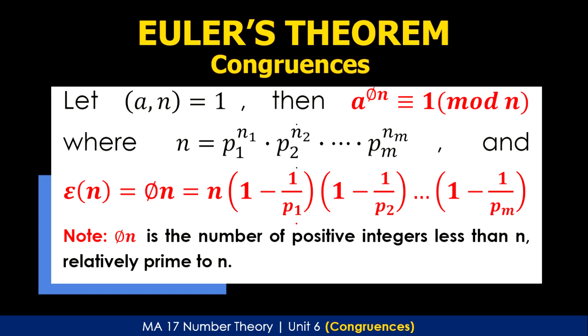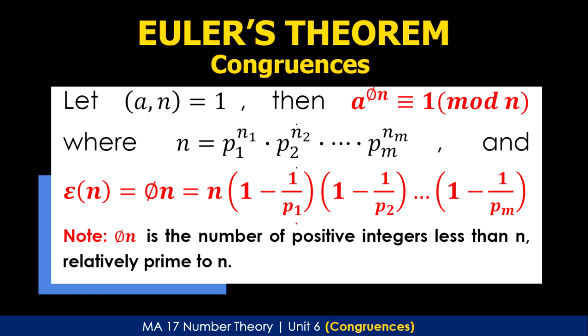Then a raised to phi of n is congruent to 1 modulo n, where n is equal to p sub 1 raised to n sub 1 times p sub 2 raised to n sub 2, and so on up until p sub m raised to n sub m.